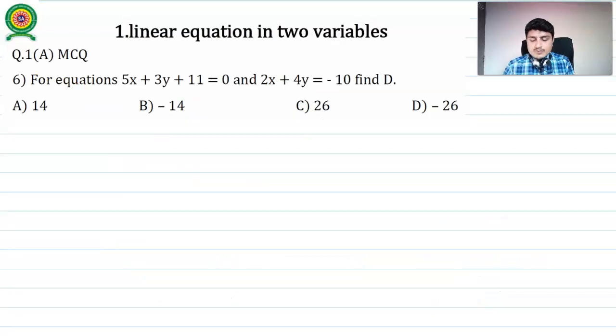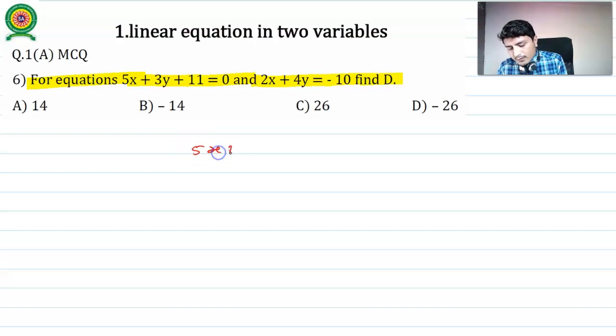Look at the 6th MCQ. For the equations 5x plus 3y plus 11 equals 0 and 2x plus 4y equals minus 10, find D. Now we have given the linear equation in two variables. That means we can say the two equations together, the simultaneous linear equations in two variables. First equation of the form 5x plus 3y plus 11 equals 0.